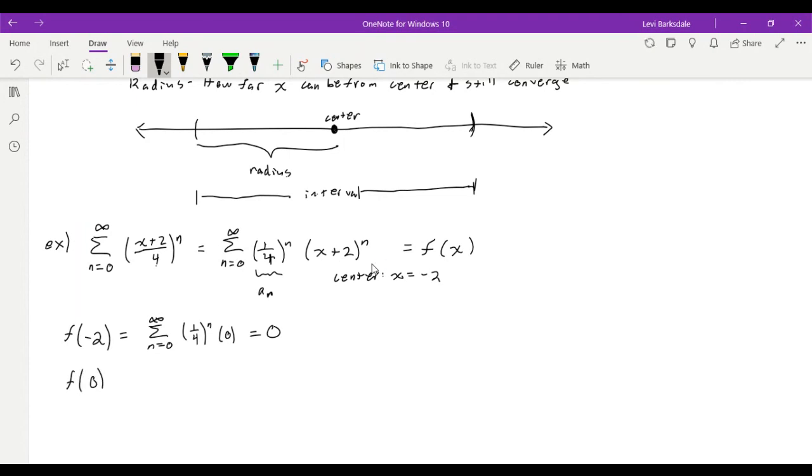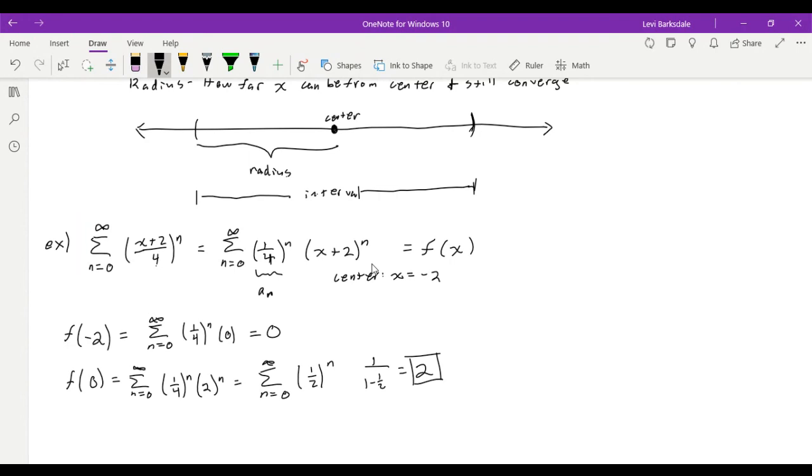If I plug in 0 for x, well then I get 1/4 to the n times 2 to the n, which is 1/2 to the nth. And I can evaluate that using my geometric series rule. I would get 1 over 1 minus 1/2, which gives me 2 as a sum. And that would be my function value at 0.